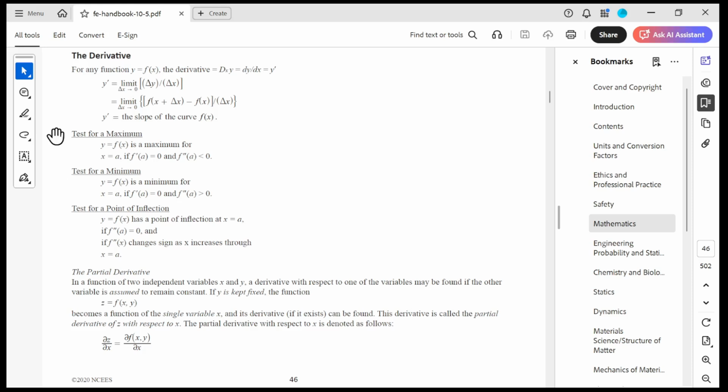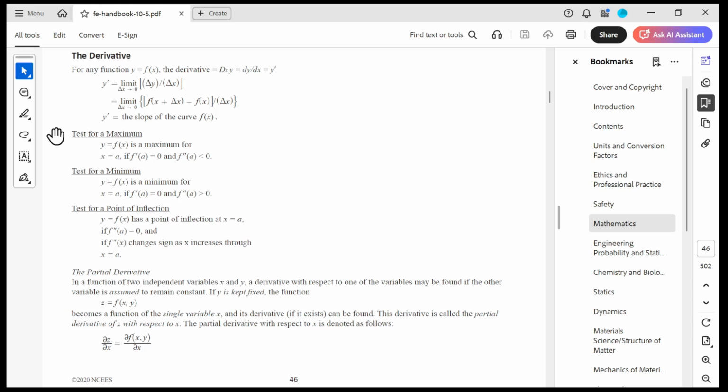Now, for maximum, it says that y equals the function f of x is a maximum for x is equal to a if the derivative of the function is equal to 0 and the second derivative of the function is less than what? 0.